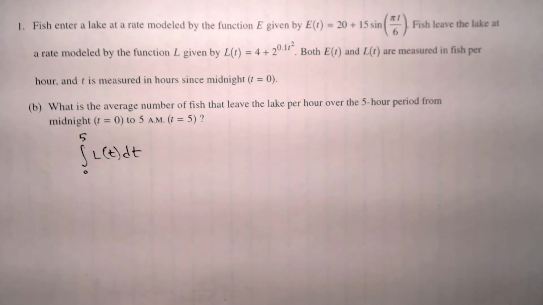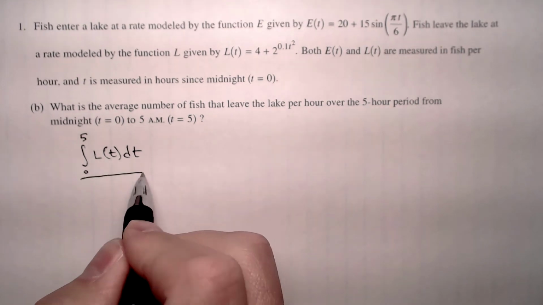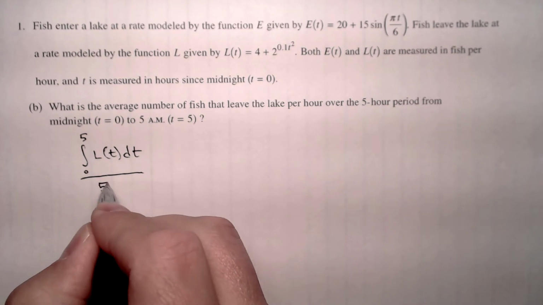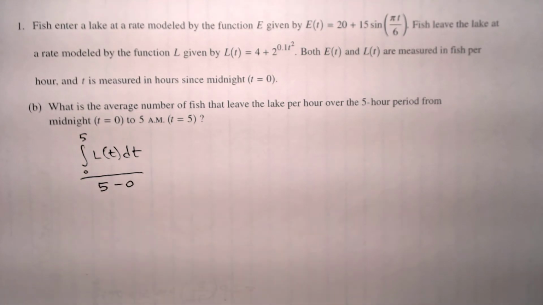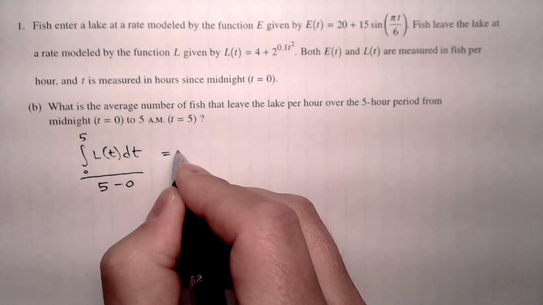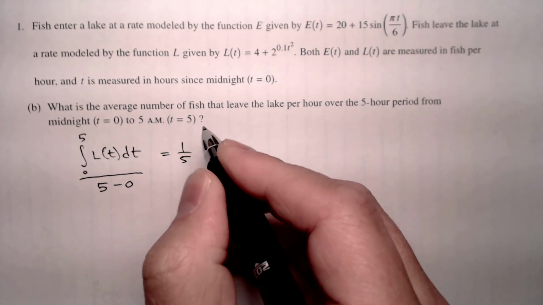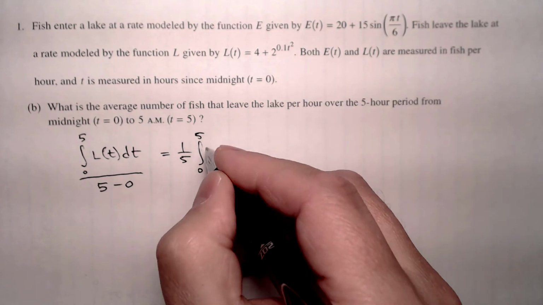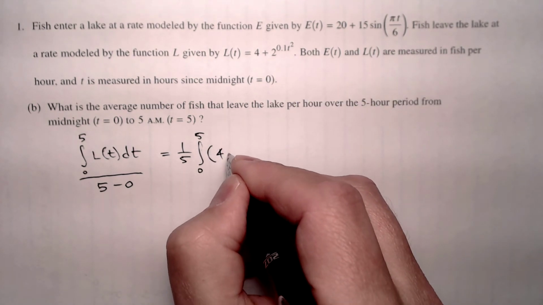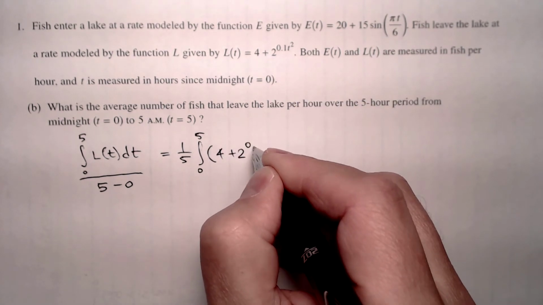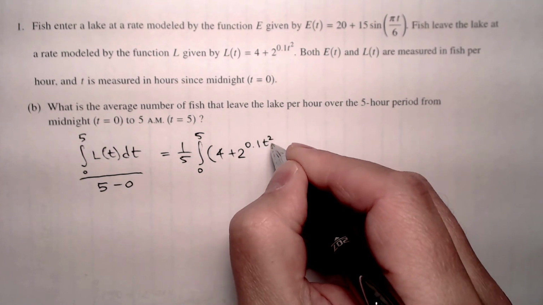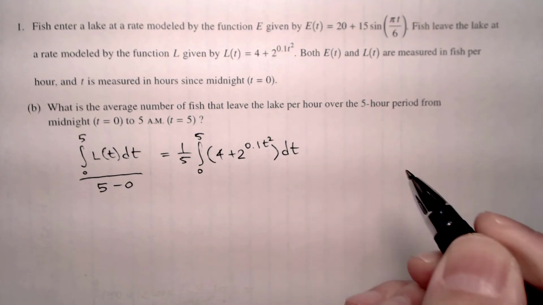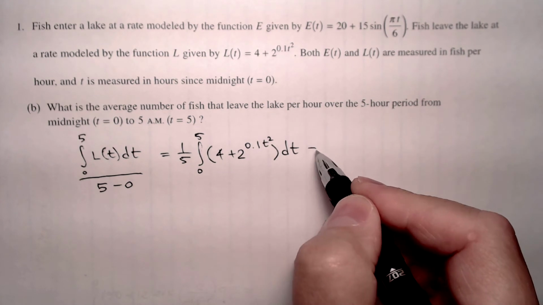For the average we just divide by 5 minus 0, which is 1 over 5 times the integral from 0 to 5 of L, 4 plus 2 to the power 0.1 t squared, dt. We need to use the calculator for this as well.